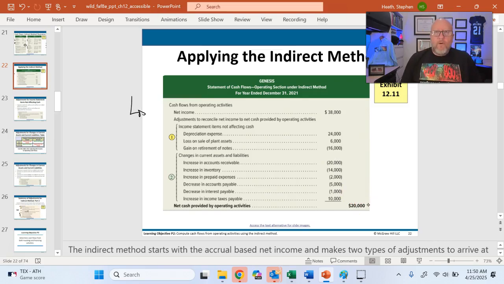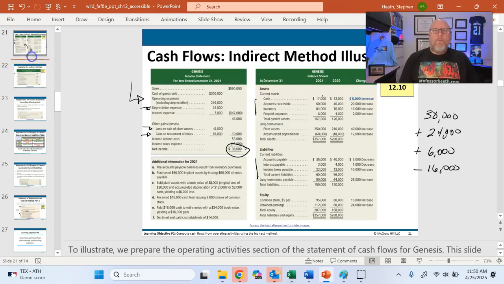We started with net income, and then we went through and added back our depreciation. We added back the loss on plant assets, and then we subtracted the gain on our retirement of our note.